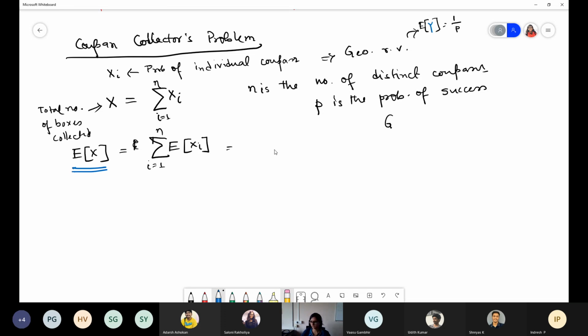Okay, I think you have forgotten. What was this xi? This xi was that I want to collect the ith coupon, whereas all i minus 1 coupons have already been collected, right? So what was its probability? For this case particularly, what is the value of E of xi?